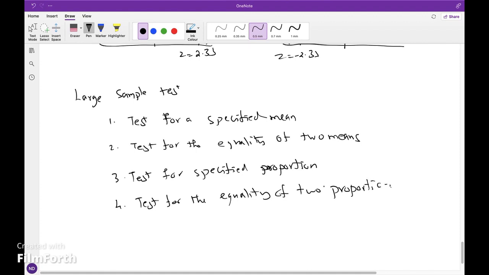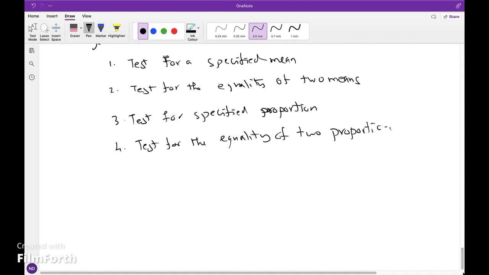Test for a specified mean. A random sample of size n is drawn from the population. We want to test whether the population mean has a specified value of mu naught.